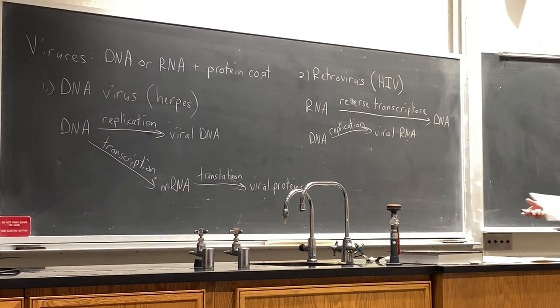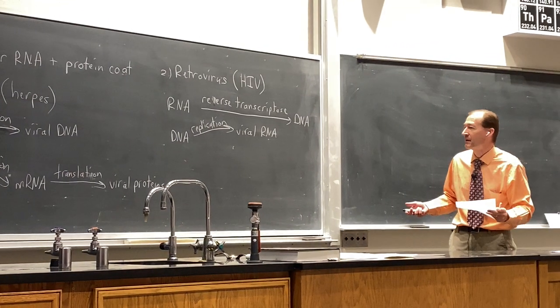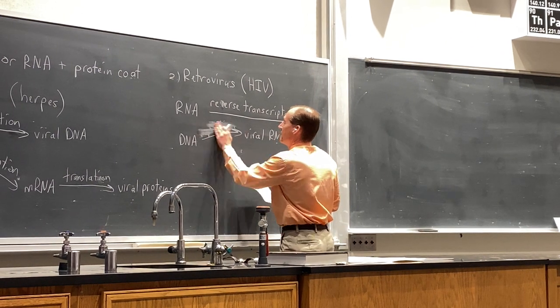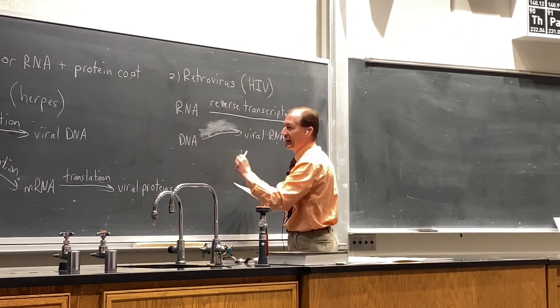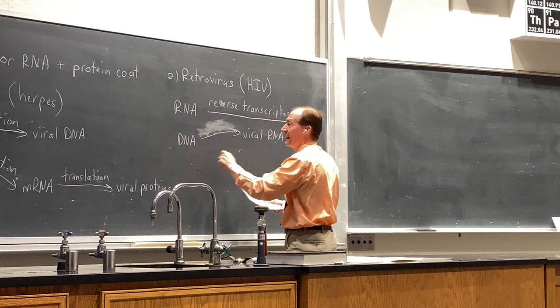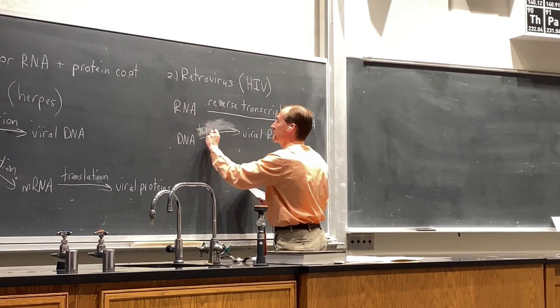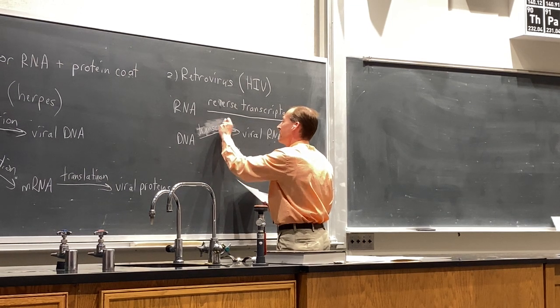And that viral RNA, once it's formed, two things are going to happen to that. Actually, it's not the replication. Replication may indeed happen, but that's a dead end because the viral DNA isn't used in the process. This should say transcription. Sorry about that.